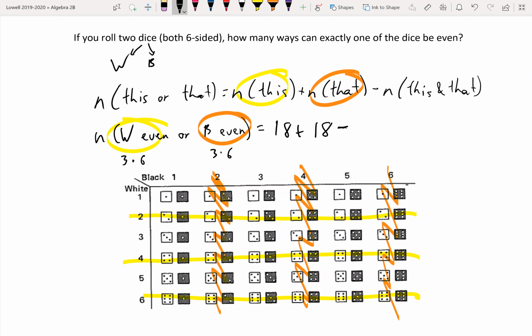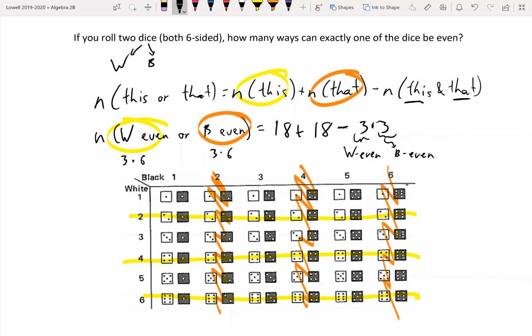And this one's kind of funky, because in this scenario you look at those two outcomes separately. So how many ways could the white die come up even? Well, that would be 3 ways, 2, 4, 6. And then the black die coming up even is also times 3. So this is just the number of ways the white die comes up even and the black one comes up even.